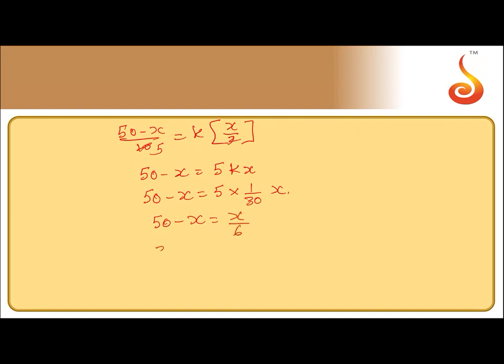So, 50 minus x is equal to x by 6. So, cross multiply, 300 minus 6x is equal to x. So, 7x equals 300. So, x will be equal to 300 by 7.